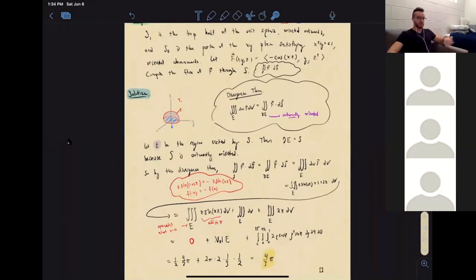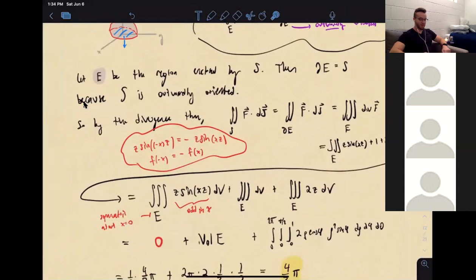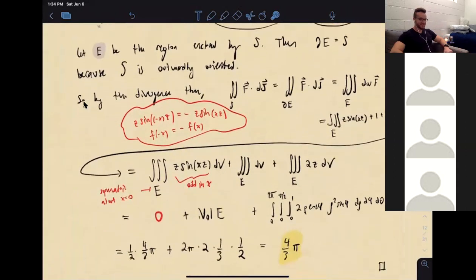So we used the divergence, turned it into a triple integral, used some clever symmetry, potentially evaluated the triple integral in spherical coordinates correctly, and finished it off. Any questions about that one? Okay, cool. Let's move on.